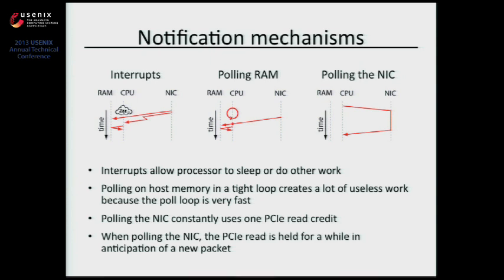One of the things we had to do was on the network card, we hold the read for a while in anticipation of a new packet coming in. So we hold it for around 20 microseconds, anticipating there might be a packet coming in. If the packet does show up, we immediately return to the CPU with the cache line that has the small packet. And that cache line ends up all the way in the L1 cache and is ready to be processed.